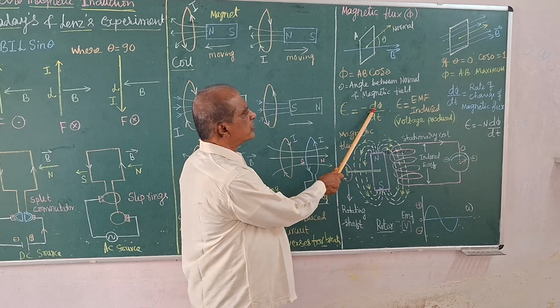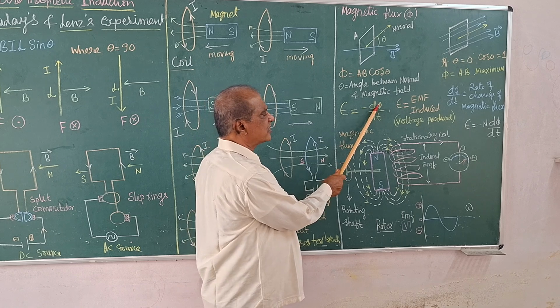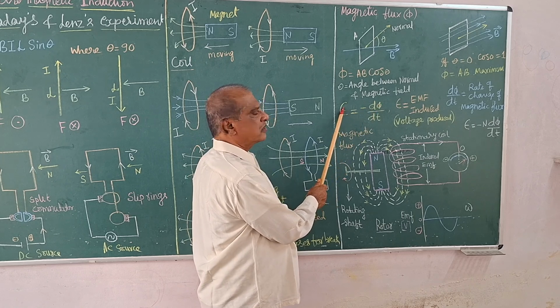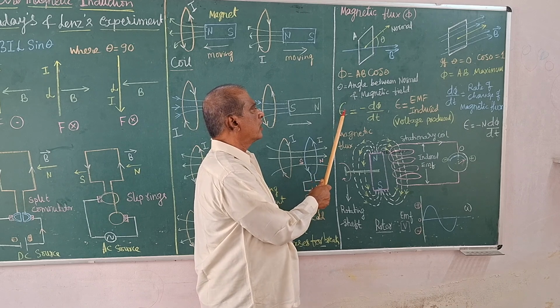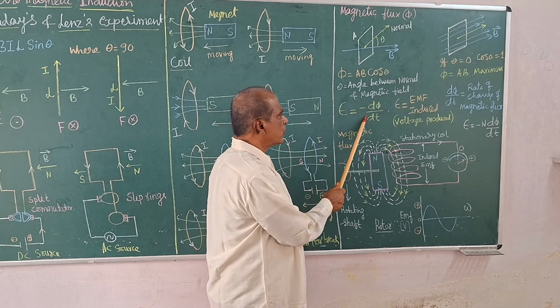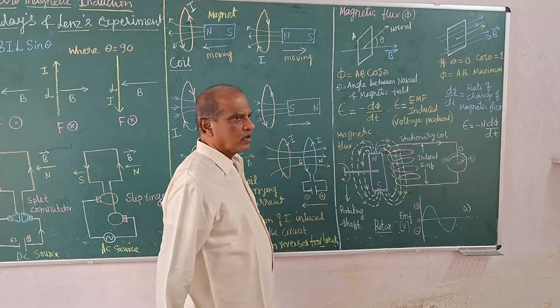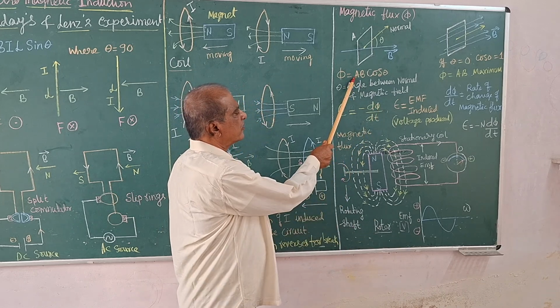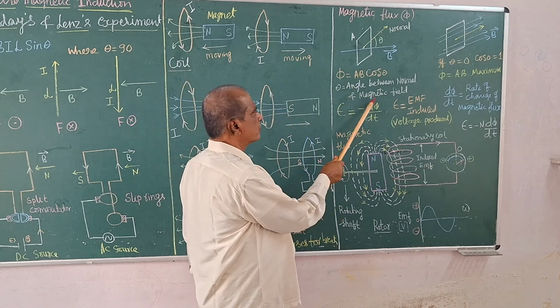So the rate of change of magnetic flux is called the induced EMF or induced voltage. Its magnitude depends on the magnitude of this rate of change of phi with t. It depends on area: the bigger the coil, the bigger the value.